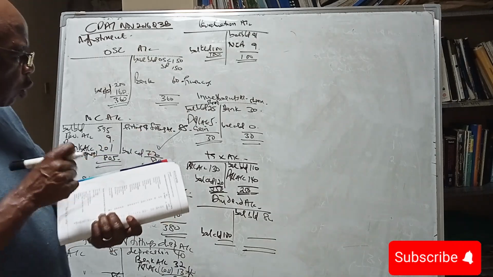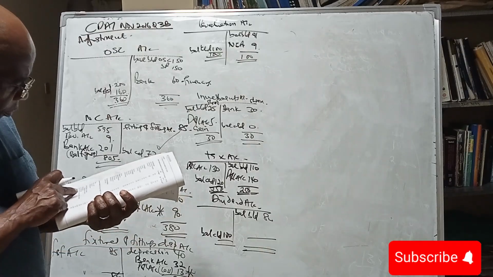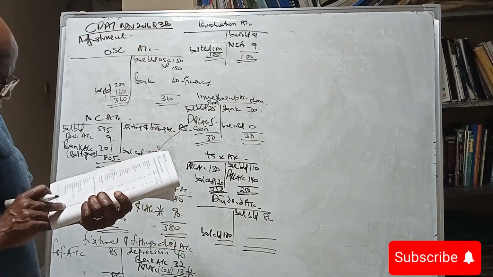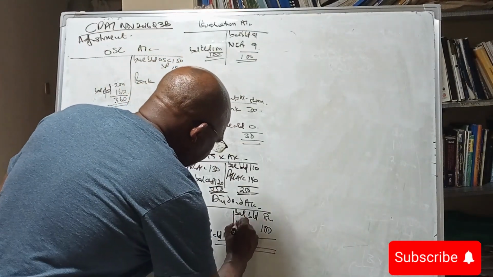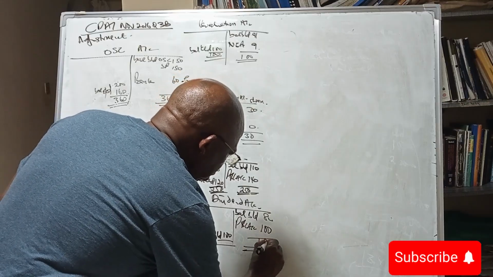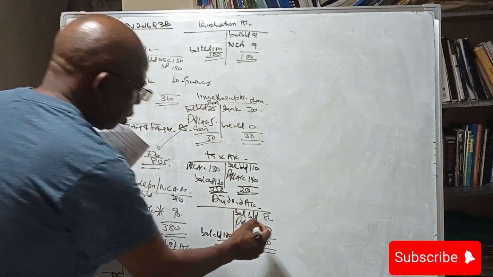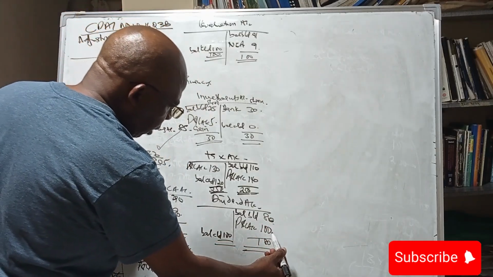Then you ask yourself, what was charged in the course of the year? In the course of the year, our dividends from the income statement was 100. That is a charge for the year. That is what we agreed to pay. So we had a liability of 80. We agreed to pay 100.